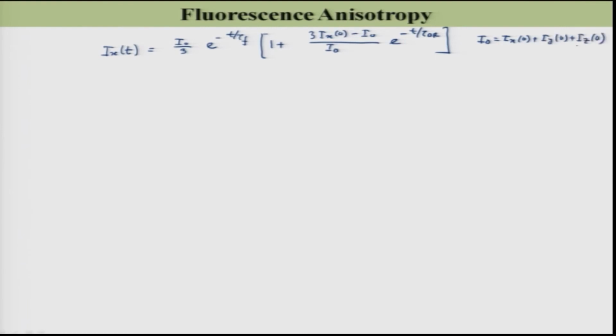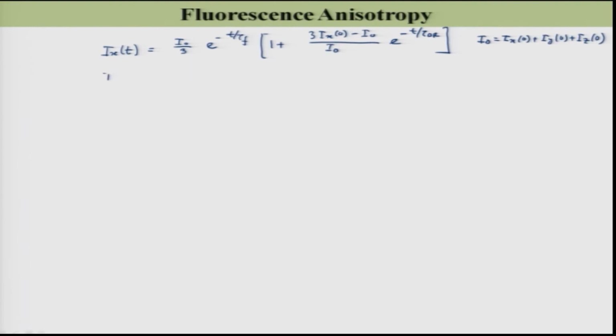So, if you solve it, what you will get is Ixt equal to I0 by 3 e to the power minus t by tau f into 1 plus 3 (Ix0 minus I0) divided by I0 e to the power minus t by tau r. Simply we will get this, okay, where this I0 equal to Ix0 plus Iy0 plus Iz0.